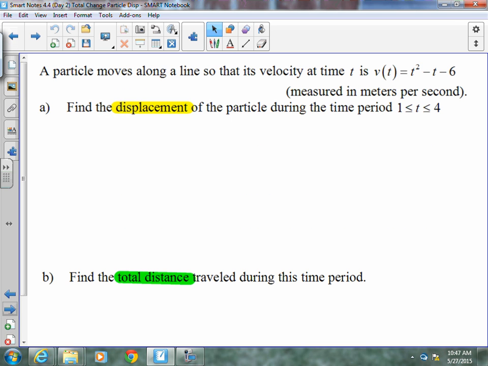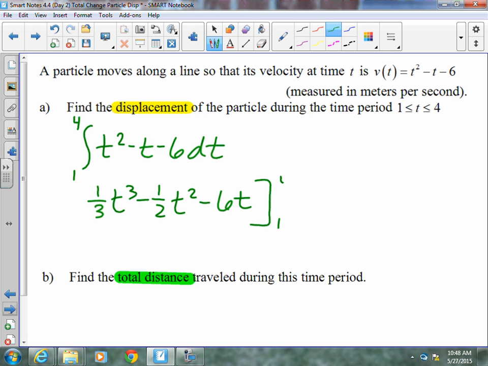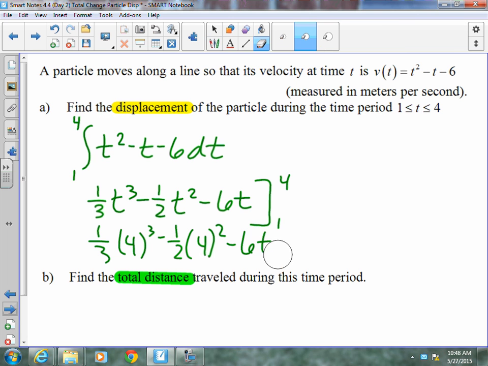So, a particle moves along a line so that its velocity at time t is v of t equals t squared minus t minus 6, measured in meters per second. To find the displacement from 1 to 4, we need to integrate. Anti-derive from 1 to 4.